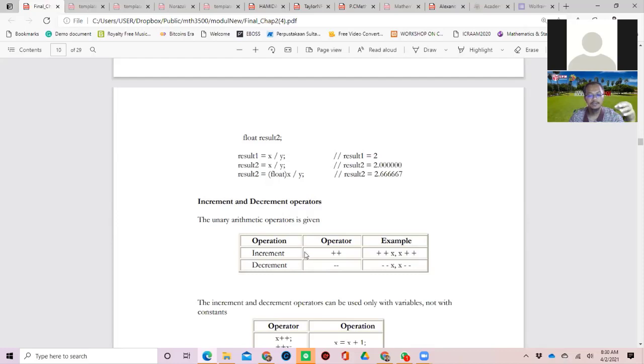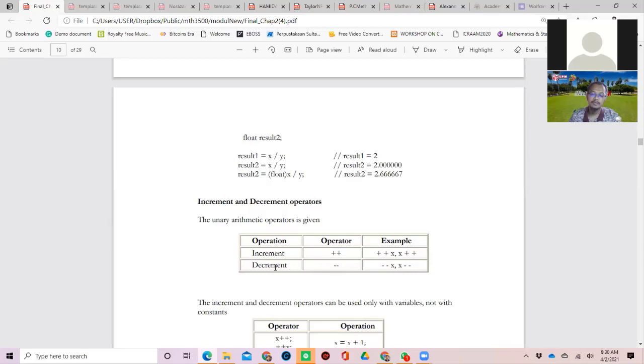For example here, the increment operator in C is double plus, like this one. For example plus plus x, or x plus plus. They have different meanings in C. Later we will discuss the difference between plus plus x and x plus plus.